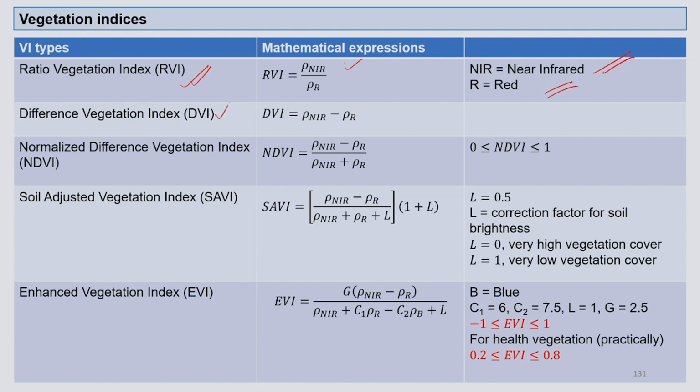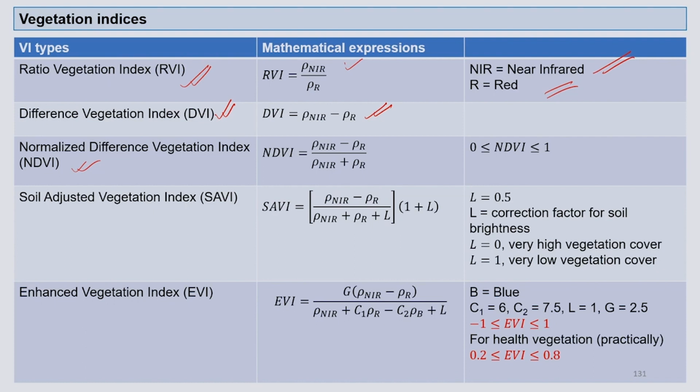Then we have DVI, difference vegetation index. DVI you can calculate through this formula: rho NIR minus rho R, again near infrared minus red. Then comes the most heard of and popular index, that is NDVI, normalized difference vegetation index.